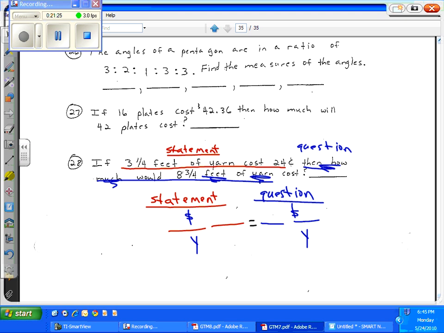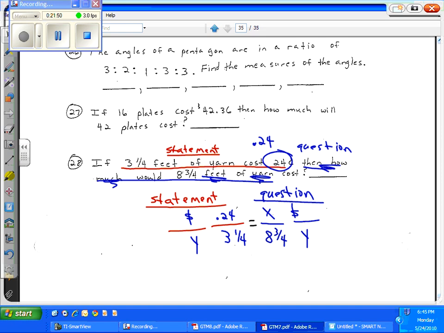The question is, we don't know how many dollars to 8 3/4 feet. The statement is $0.24. See the 24 cents? We have to write it as dollars, $0.24, for 3 1/4 feet.